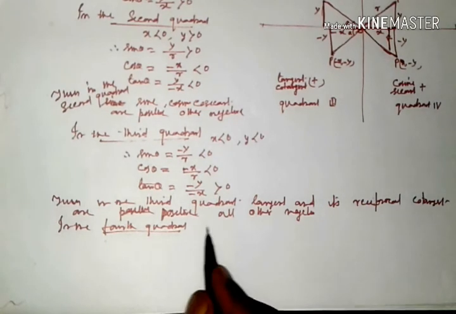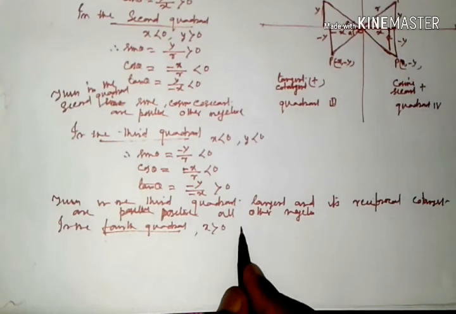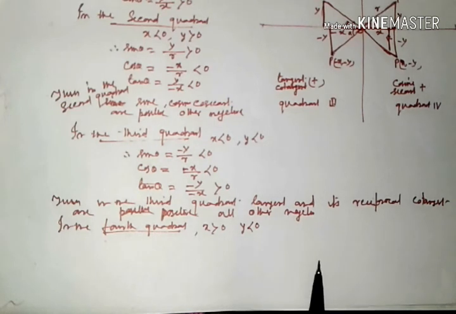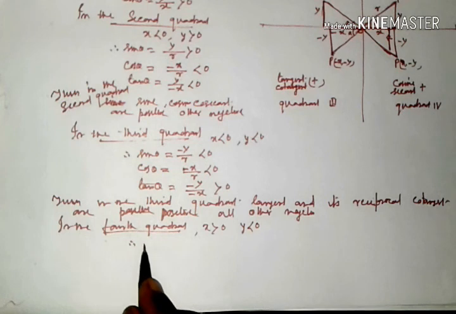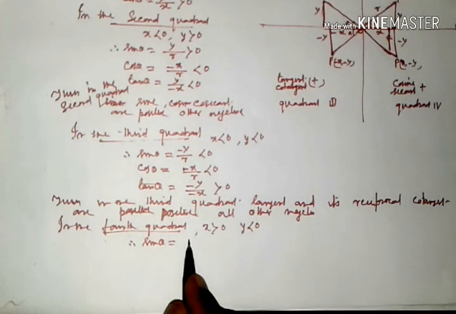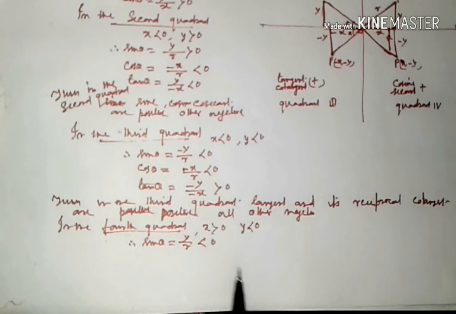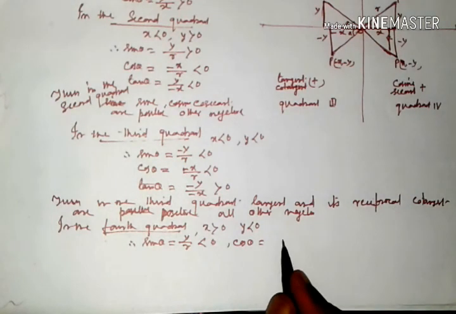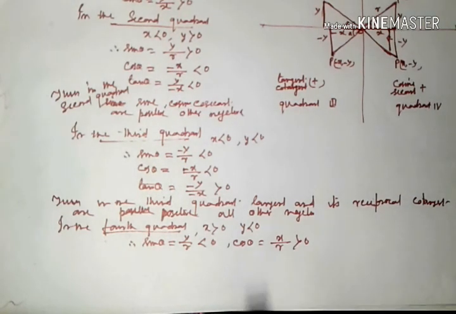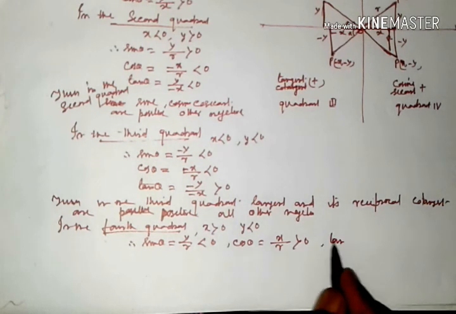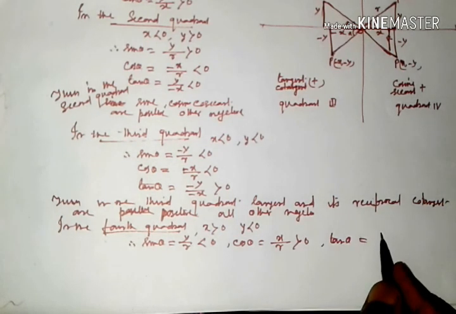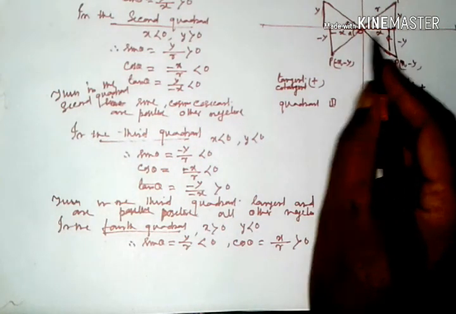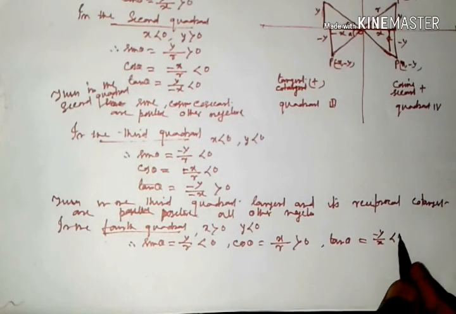In the fourth quadrant, x greater than 0 but y less than 0. Therefore, sin theta is equal to y by r, less than 0. Cos theta is base by hypotenuse, x by r, which is greater than 0. Tan theta is perpendicular by base, minus y by x, less than 0.